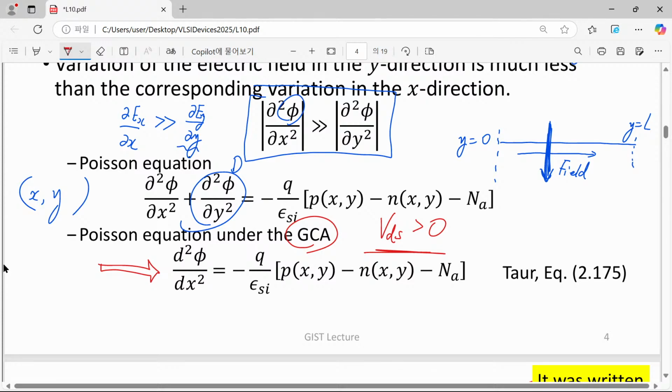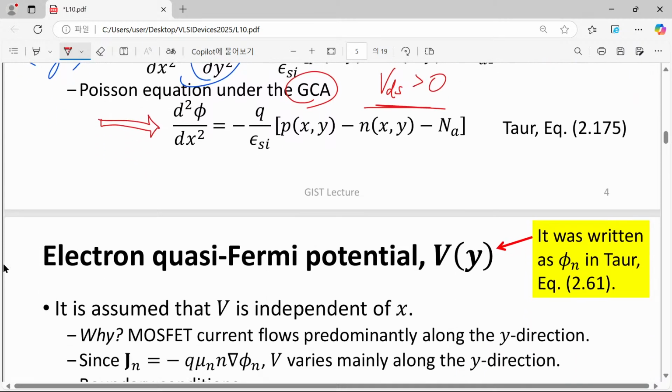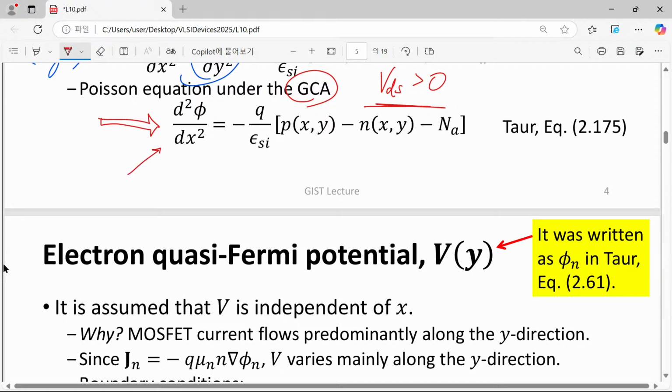Once we understand this gradual channel approximation, then the next thing is quite straightforward. Why? The equation structure is exactly the same as our previous MOS structure. So here we have a hole density, and here we have an electron density, and here we have the doping density, but this is a constant. Okay, good. Now what we did was express hole density and electron density in terms of potential.